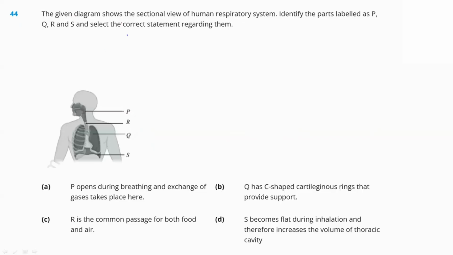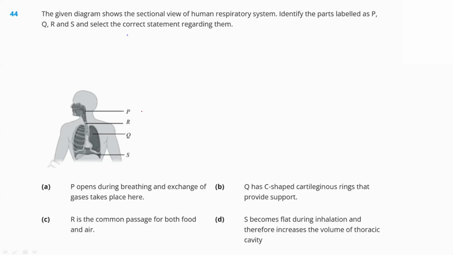Next, the given diagram shows the sectional view of the human respiratory system. Select the parts labeled as P, Q, R, and S and select the correct option regarding them. Okay, so P is pharynx, R is windpipe, Q is lungs, and S is diaphragm. Okay, so P opens during breathing and exchange of gases takes place here. This option is wrong.